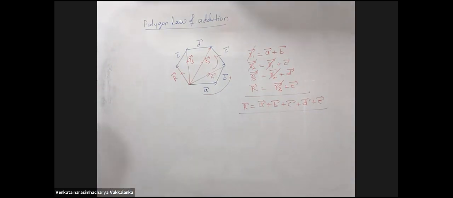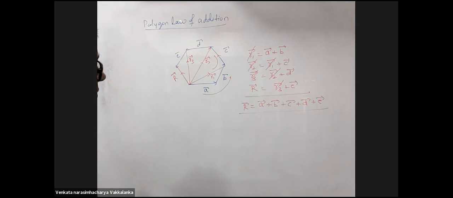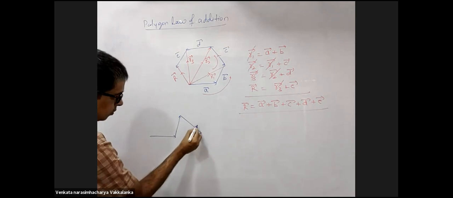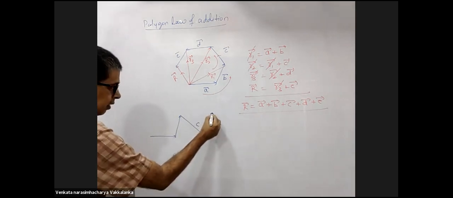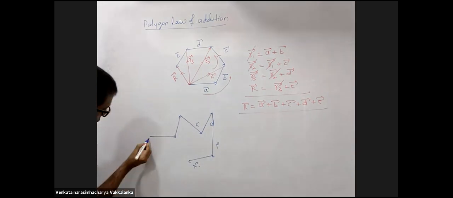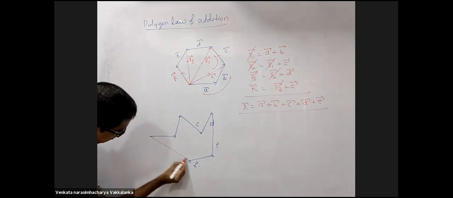Sir, you have made the figure rotating this way, but it could be in any way, right? I have no problem with that. A, B, C, D, E, F: my resultant will be the closing side of the polygon taken in the reverse order.